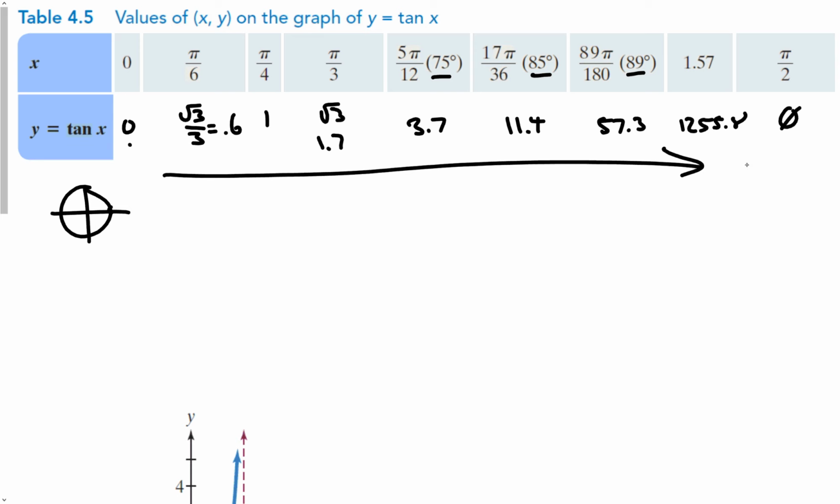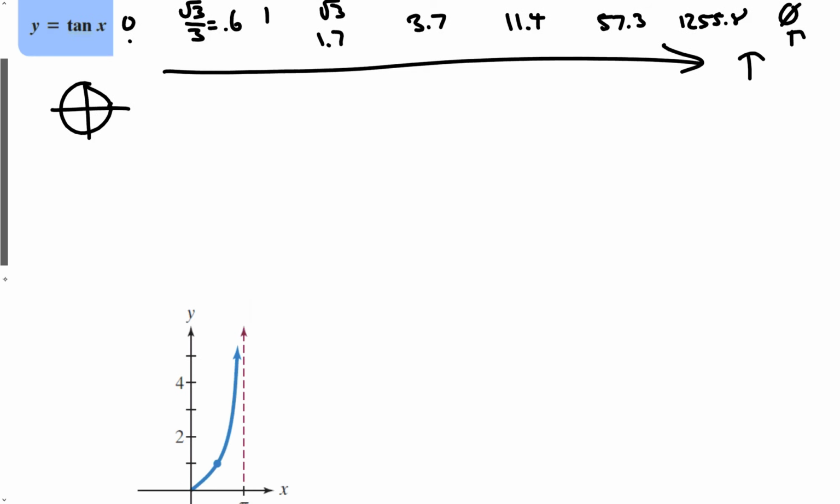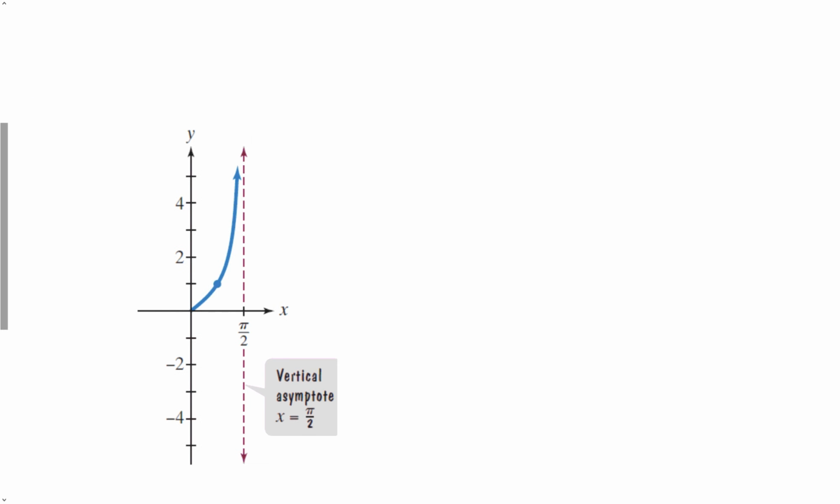In fact, as I go right, the tangent function goes up a lot, which means as it approaches the asymptote, the graph goes up towards infinity. Okay, so if we start at 0, 0, here is pi over 4, 1, and as we graph this function, the graph goes up towards infinity.